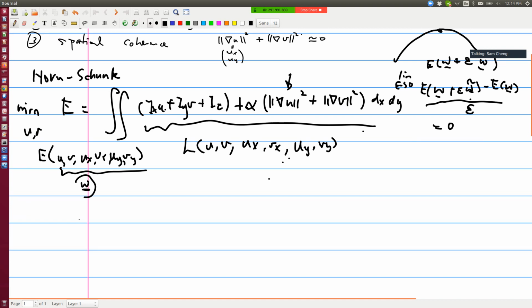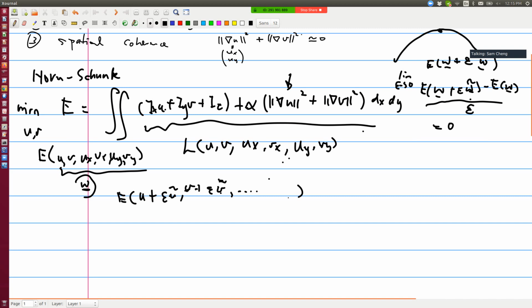Okay, as I said here, then I can just do a Taylor series expansion for this guy, right? So I can write E, if I consider U plus epsilon U tilde, V plus epsilon V tilde, and so on and so forth.